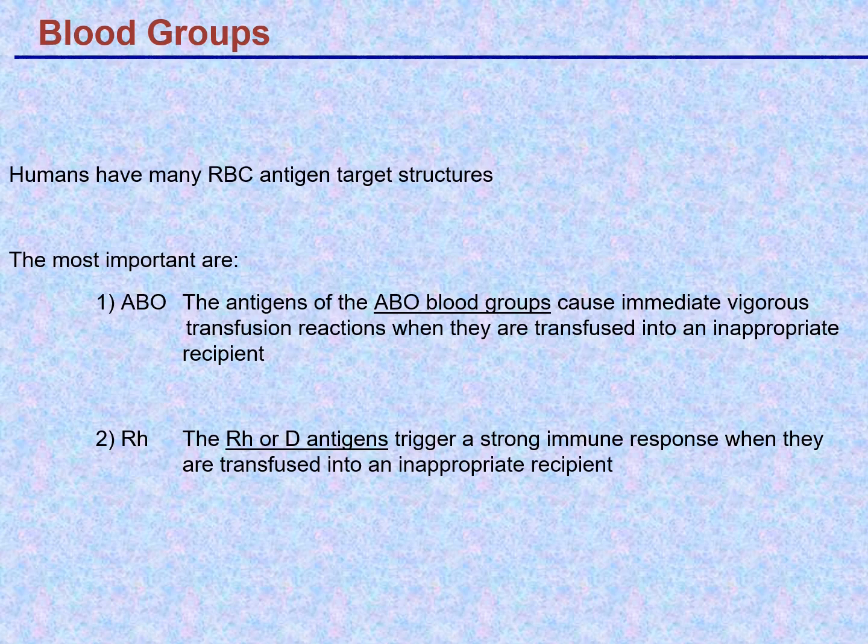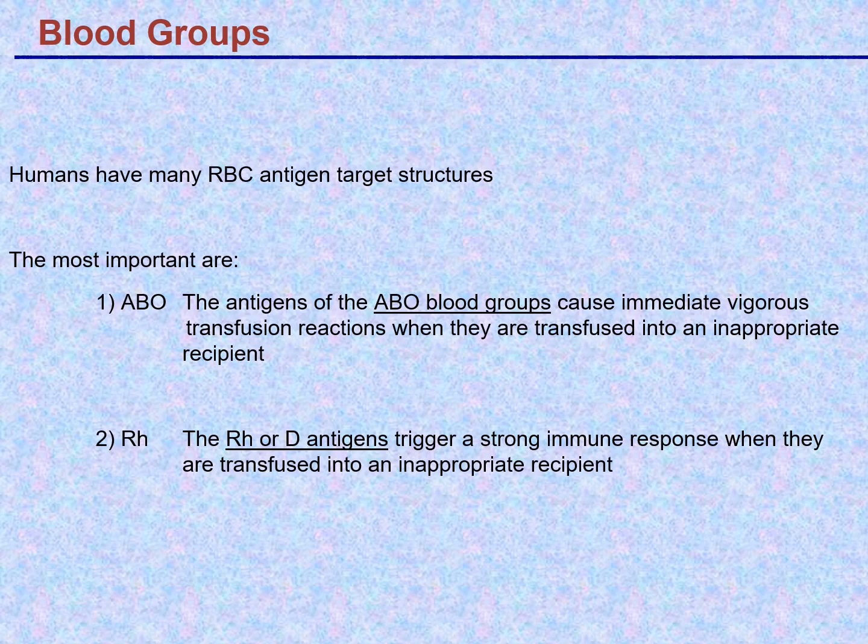The unique thing about this is that an individual who, let's say for example, is blood group A, has anti-B in their plasma, although they've never seen B blood. So that's extremely unusual, but that's the way it is.